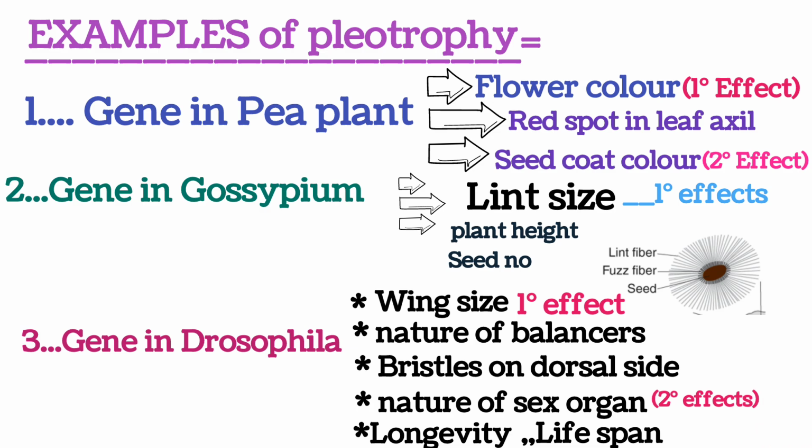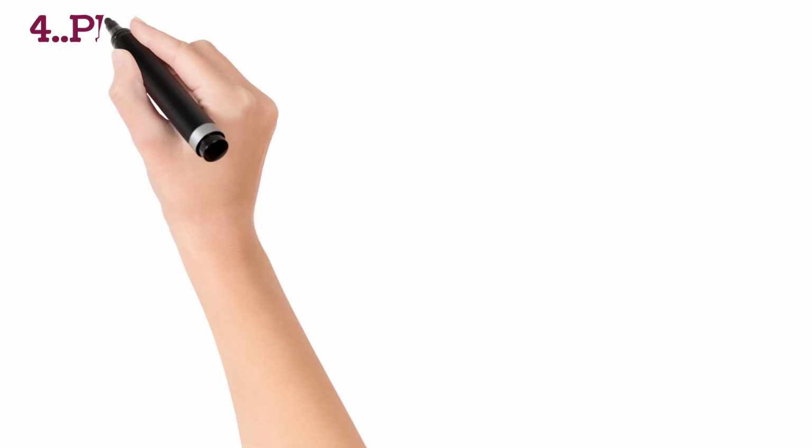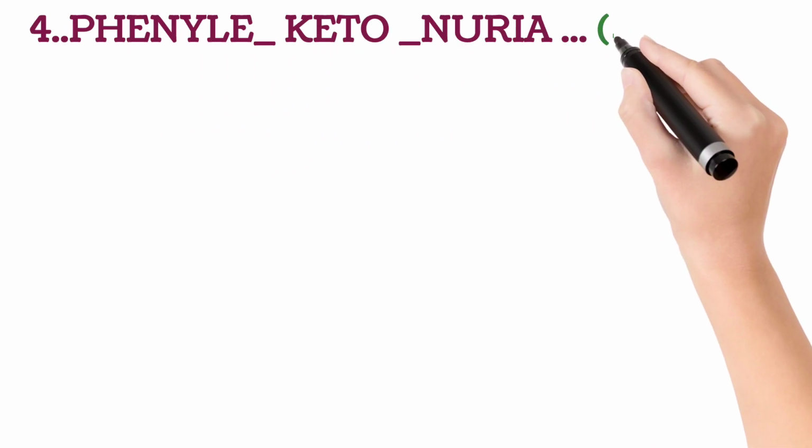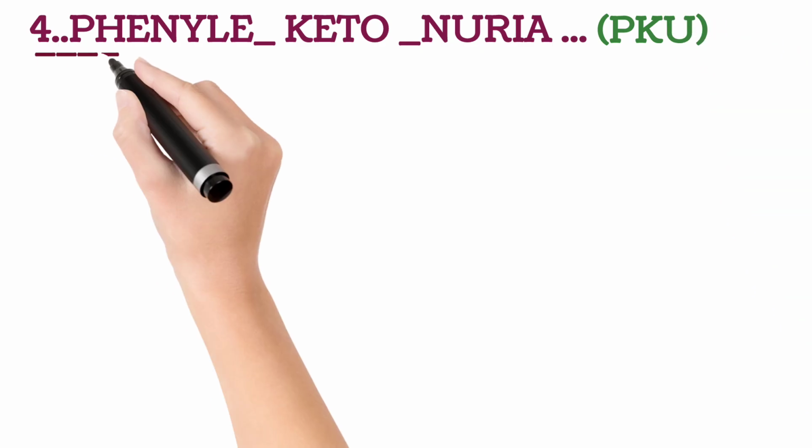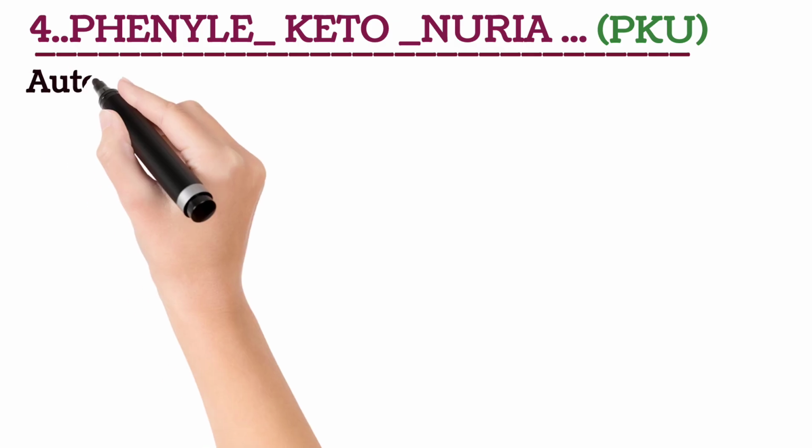Now jumping to a very important example of pleiotropy, and this is a very prominent disorder present in human beings known as Phenylketonuria, PKU. This Phenylketonuria is basically an autosomal metabolic recessive disorder. Now what does it mean?